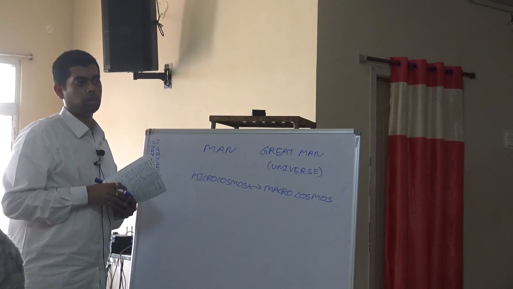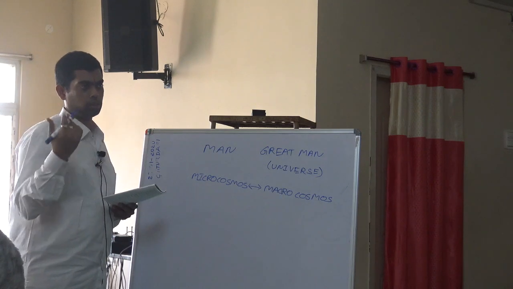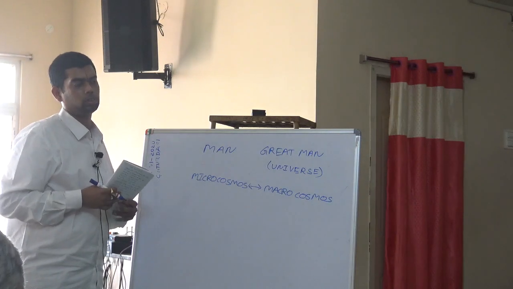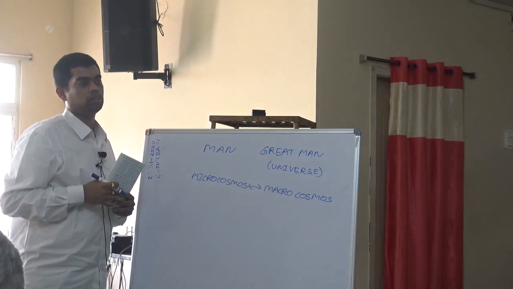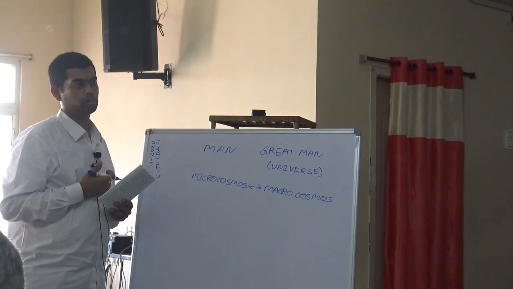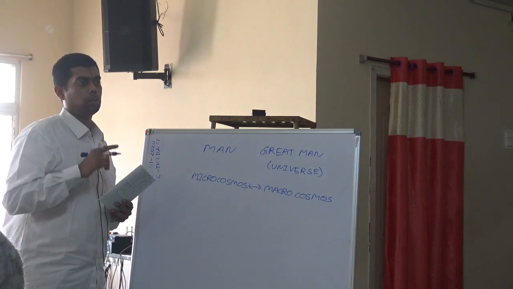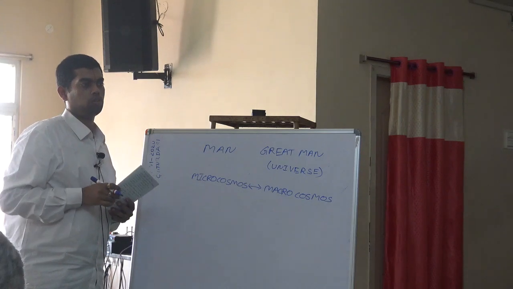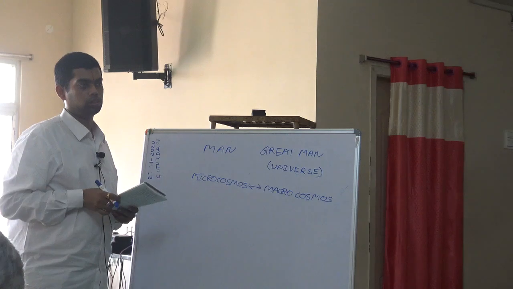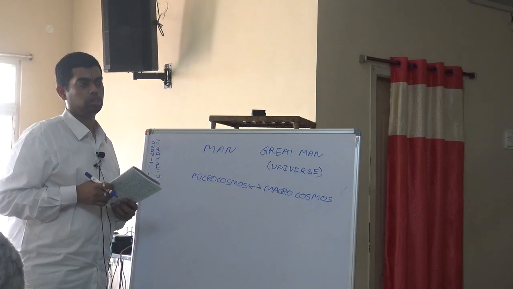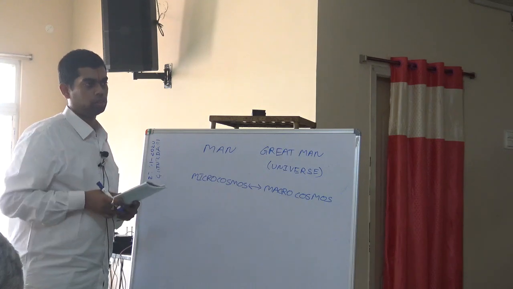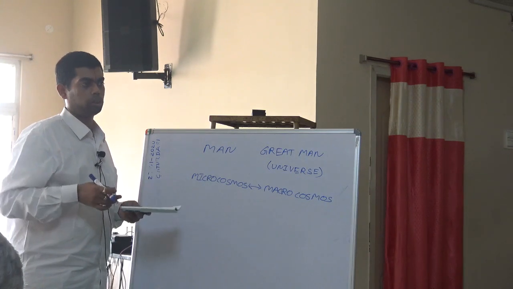He taught his students that all the planets are also living beings. Just like we have a physical body, the planets we see are also physical bodies of those planets, and there is a conscious intelligence which is holding these bodies together.